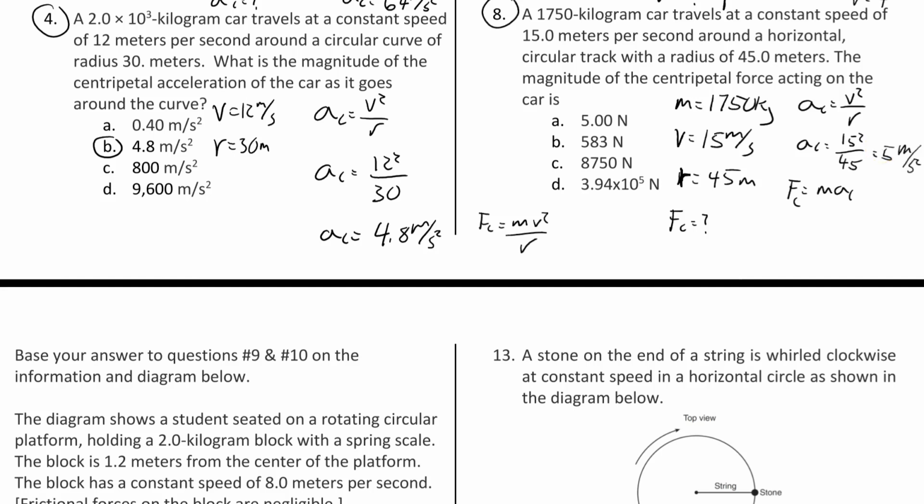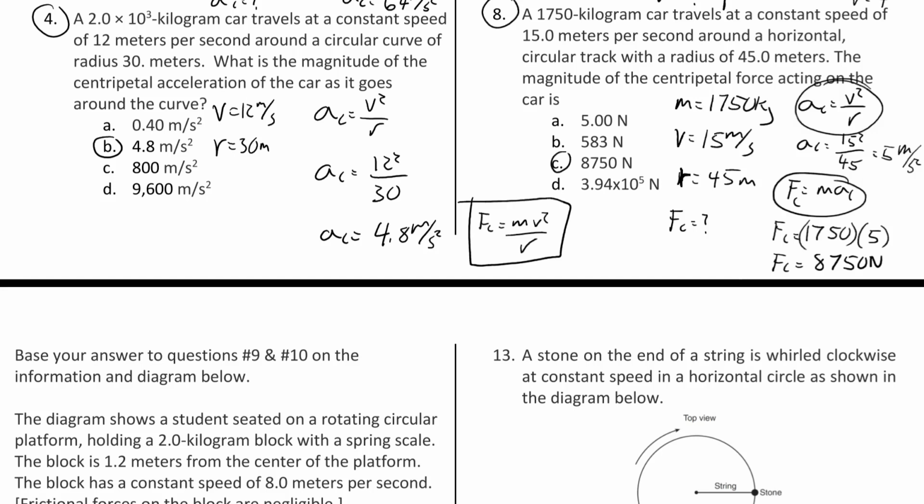So the force is what we're looking for. The mass is 1750, and we just found the acceleration is 5. So the centripetal force is 8,750 newtons. Again, for me, the easier way would have been just plug it in that version of the equation instead of doing the two equations. But in case you forget this version, you could have those two on the reference table. Okay.